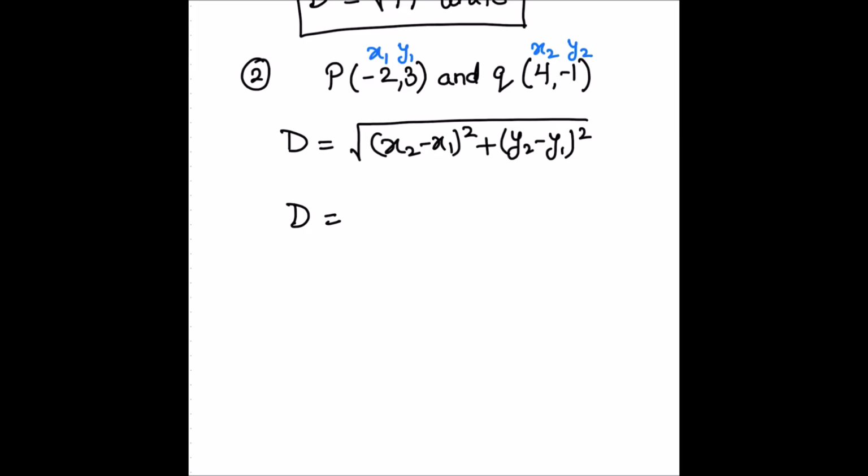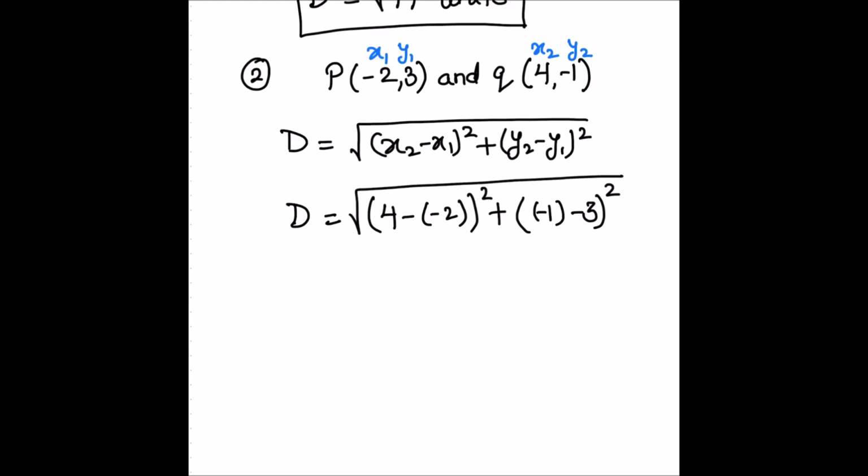d equals x2 which is 4, minus negative 2, whole square, plus y2 which is negative 1, minus 3, whole square, all under the square root. 4 minus minus 2 is 6, whole square, plus negative 1 minus 3 will be negative 4, whole square.